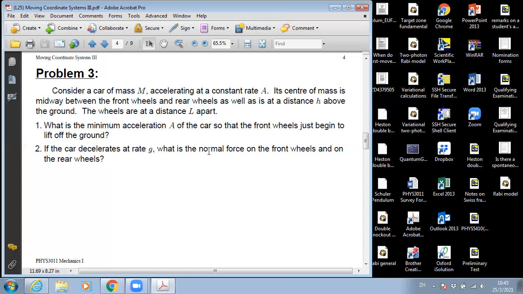Now, obviously, you're advised to use the non-inertial frame to work out the details. So to start with, you will draw the force diagram within the non-inertial frame.